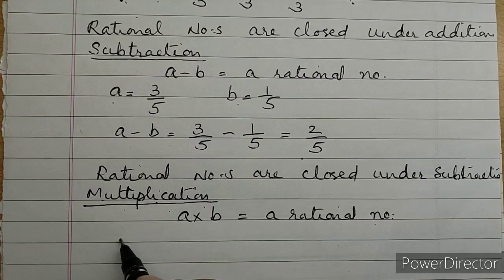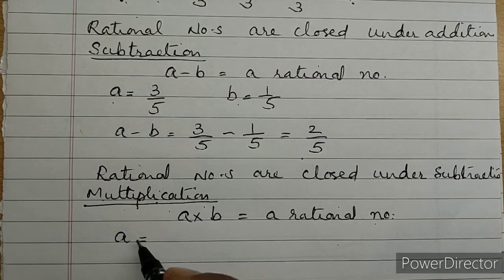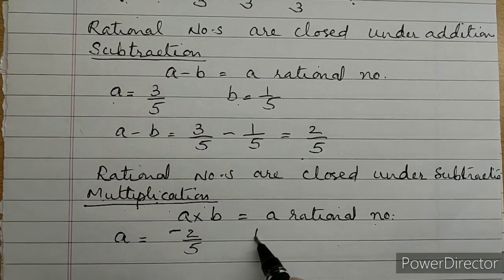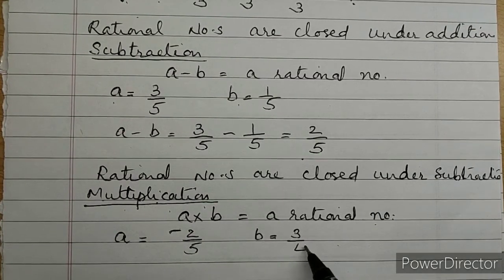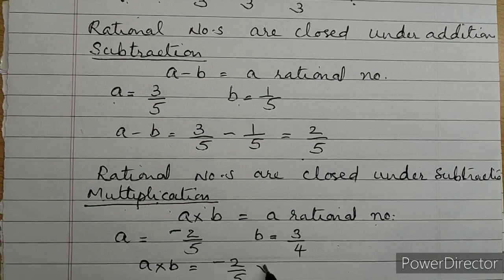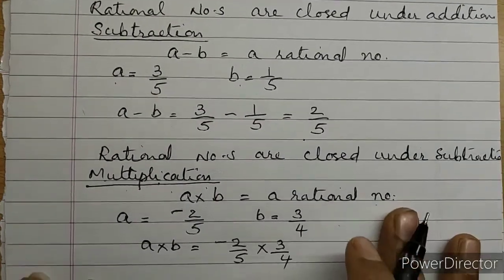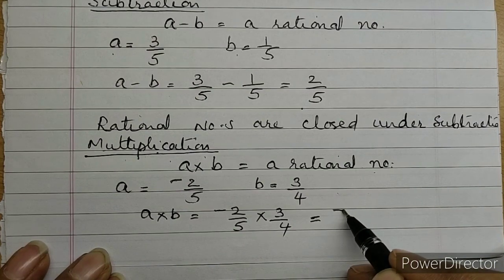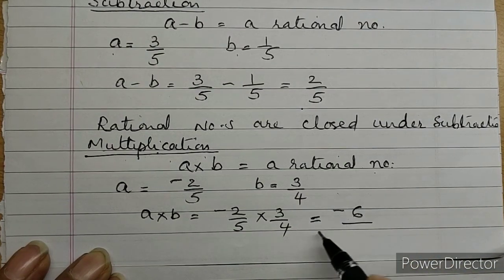Let us take an example: A is equal to minus 2 by 5. Negative numbers are also rational numbers. And B is equal to 3 by 4. So A into B equals minus 2 by 5 into 3 by 4, which is equal to minus 6 by 5 into 4, that is 20.